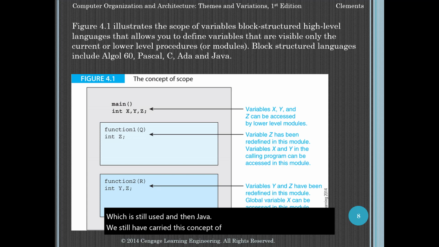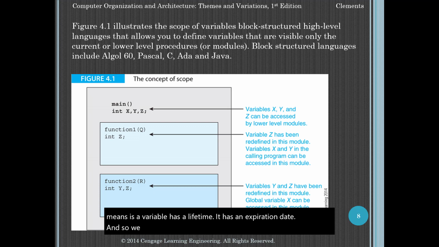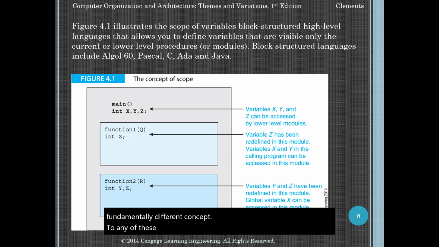And really what this means is a variable has a lifetime. It has an expiration date. And so we declare variables by assigning names, by reserving storage, and from an assembly language programmer's point of view, variables exist from the moment they're loaded into memory to the moment when the program stops running, which is a fundamentally different concept to any of these other languages that maybe you've learned.